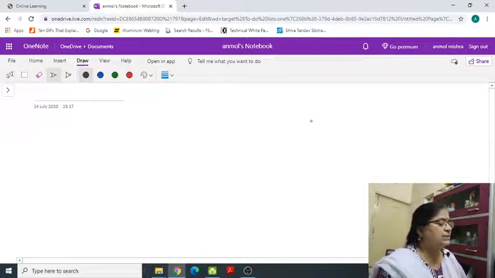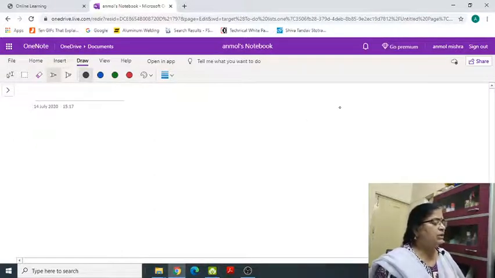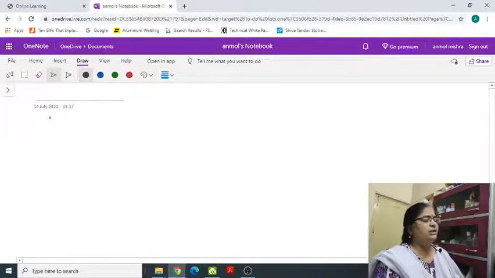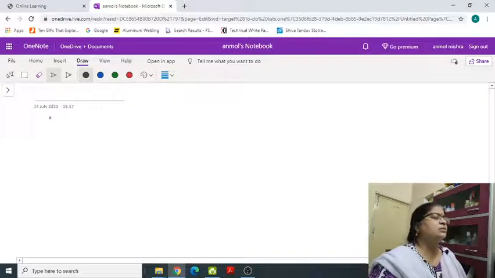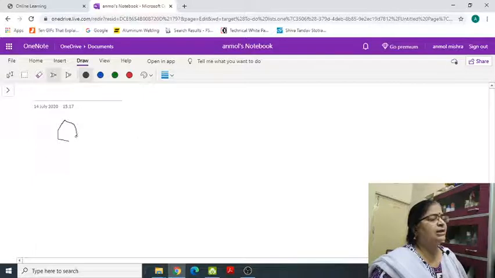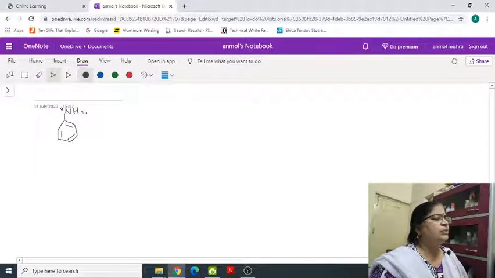Aniline is less basic than ammonia or other aliphatic compounds because the electron pair on nitrogen atom is involved in resonance. Just like alkyl halides, alcohol, we have drawn the resonating structure. The electron pair of nitrogen is involved in resonance. So total 5 structures are drawn.